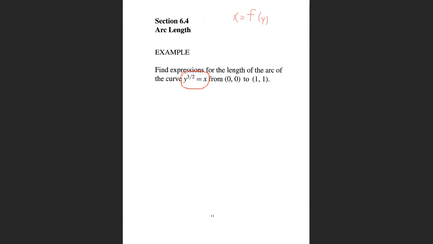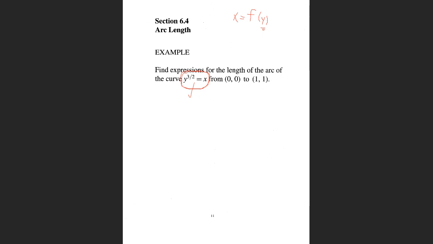So I understand what Nathan's saying. You could always rewrite the equation and make x your independent variable. But if I didn't want to do anything with this equation, then x would be a function of y, and I would intuitively think of y as my independent variable. I know it's not something that you're used to doing. You're always thinking x is your independent variable. But there's nothing wrong with thinking of y as your independent variable and x as your dependent variable.